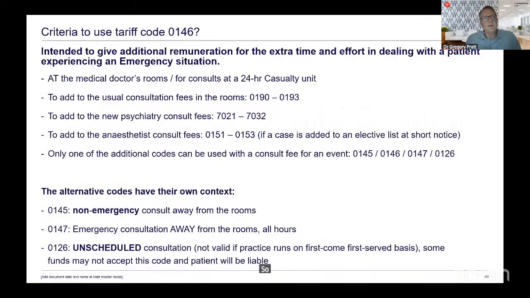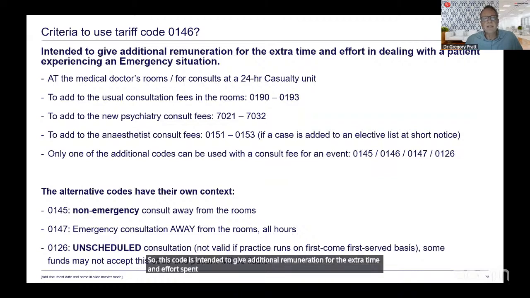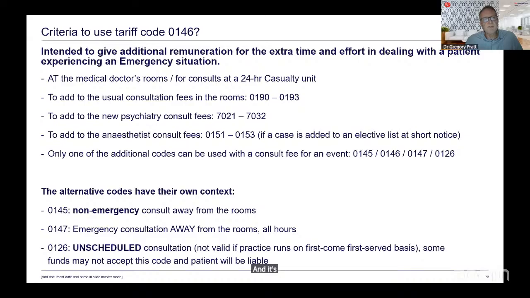So this code is intended to give additional remuneration for the extra time and effort spent in dealing with patients that have some emergency situation. And it's specifically reserved for use at the medical doctor's rooms or for consultations that happen at a 24-hour casualty unit.